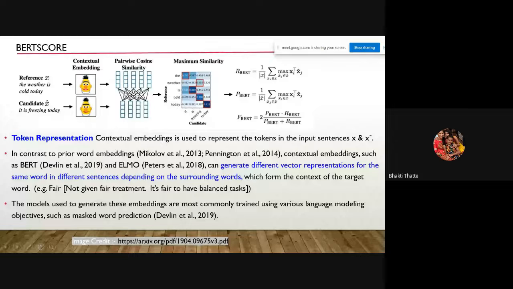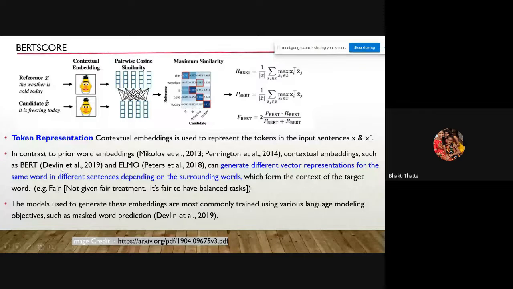Then the models used to generate these embeddings are most commonly trained using language modeling objectives such as masked word prediction. When we were discussing the masking of BERT, I already mentioned that it is trained with a large data set and maximum masking, so that for the downstream task it will definitely perform correctly, up to the mark and within acceptable limits.